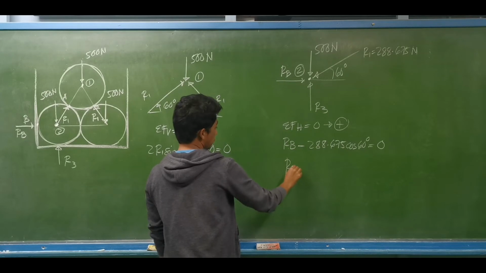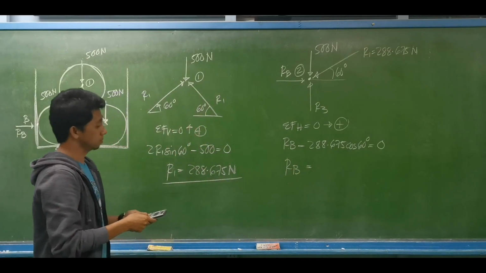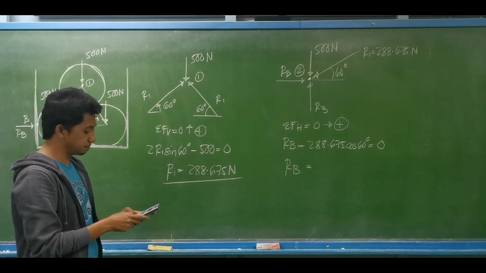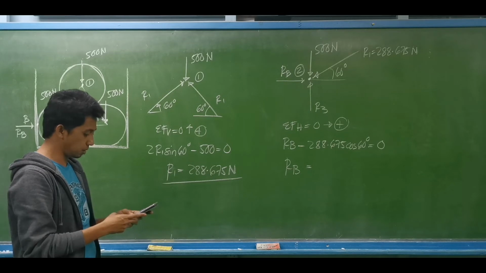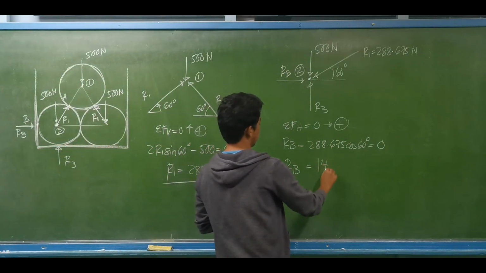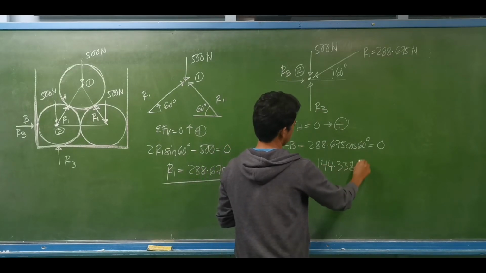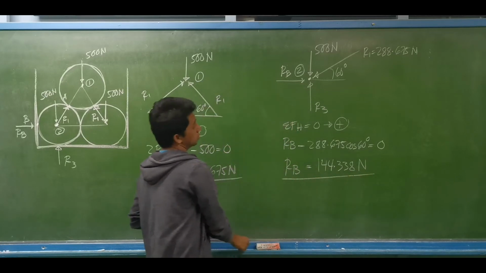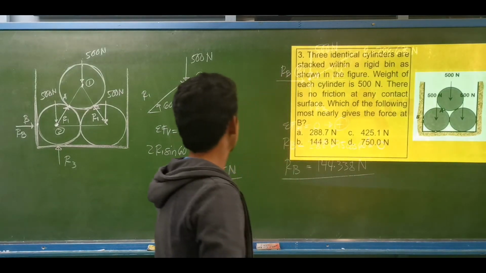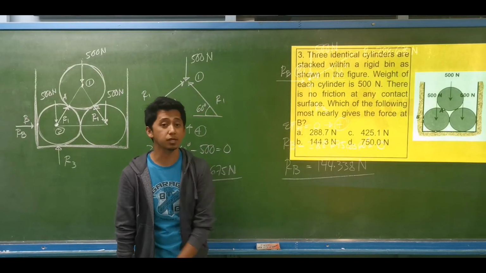So the reaction at B of the wall is equal to 288.675 cosine of 60 degrees, which is 144.338 newtons. Let us check our choices. We have 144.3 newtons. It's letter B.